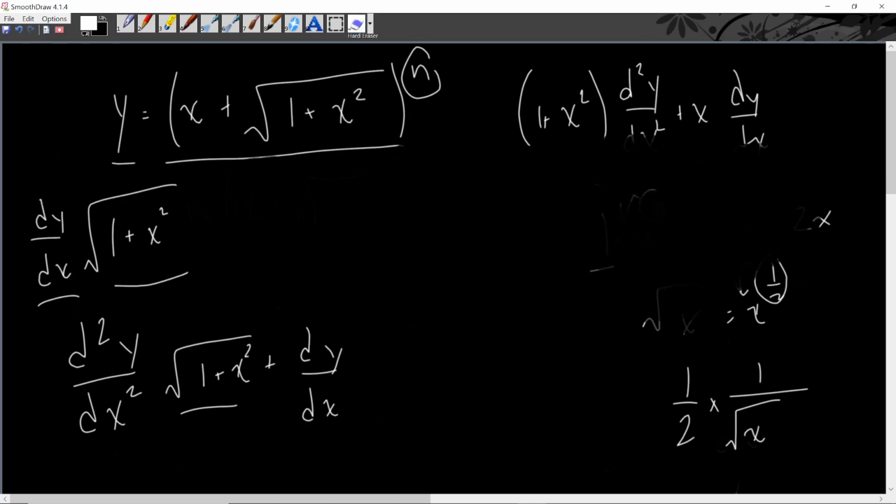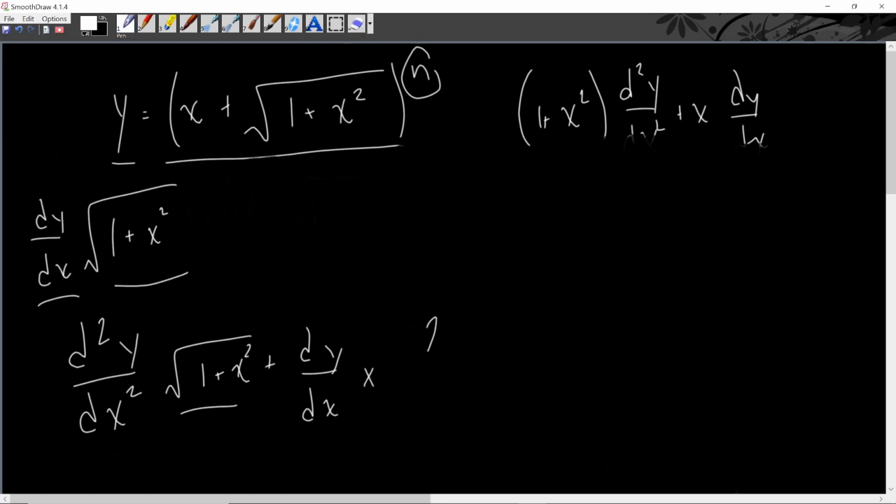So this is going to be dy/dx times 2x, which is the derivative of the inside. This is going to be chain rule once again. 1 plus x squared is our inside function, square root is our outside function. 2x over 2 root 1 plus x squared.